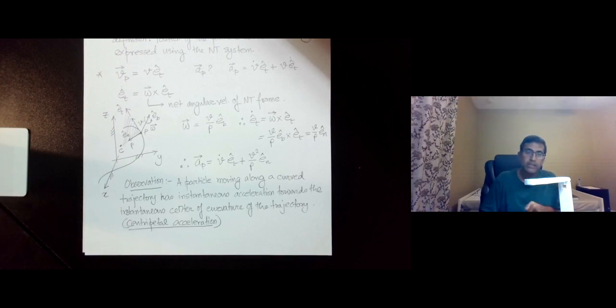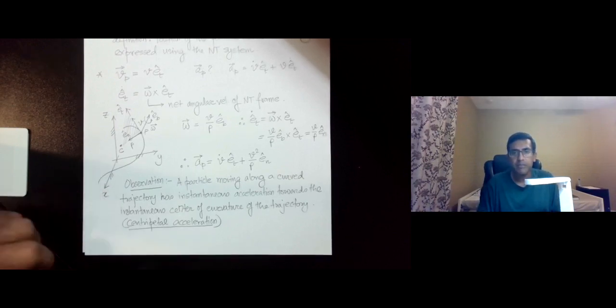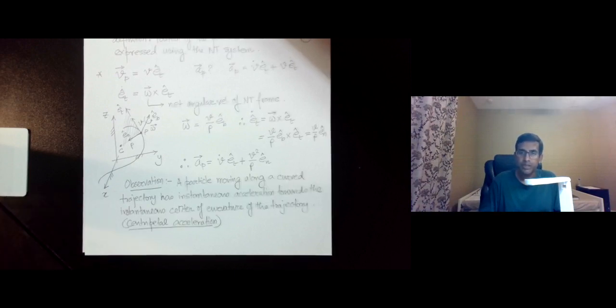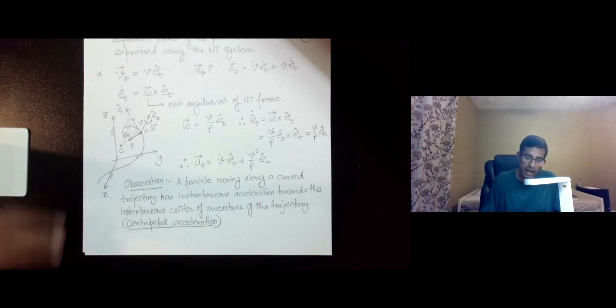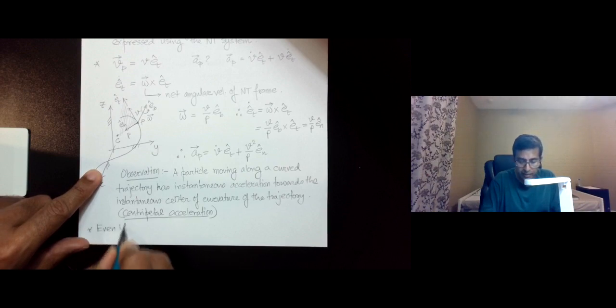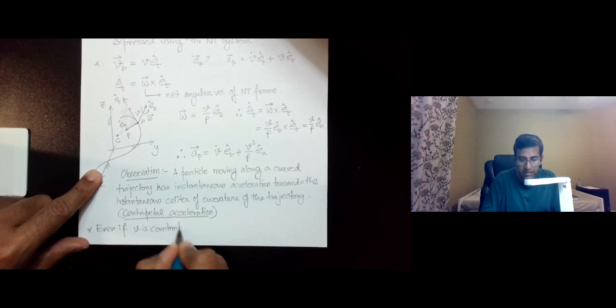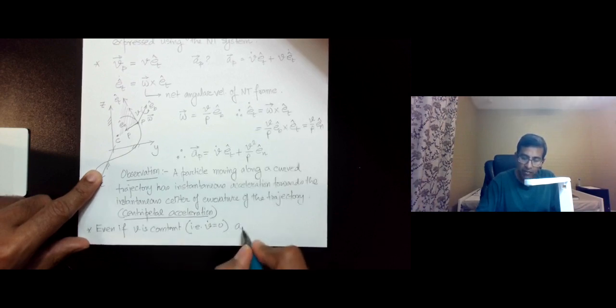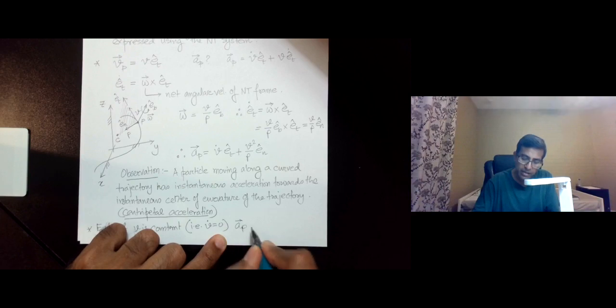Okay, so the normal tangential coordinate frame brings up another very important feature of a particle's motion, and that is the centripetal acceleration that shows up whenever a particle is going in a curved path. And by the way, we should keep in mind that even if v is constant, i.e. v dot is equal to 0, then a of p, the acceleration of p, is still going to be v squared over rho en.